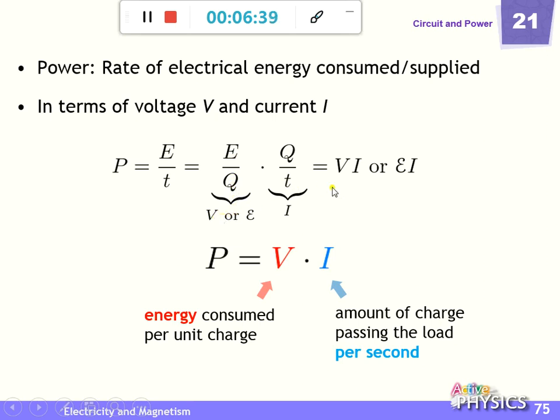Using this method, you can find that power equals I V, or I epsilon. This will be the power equation for electricity. We know the current and the voltage, and this gives the power consumed or power supplied per unit charge.